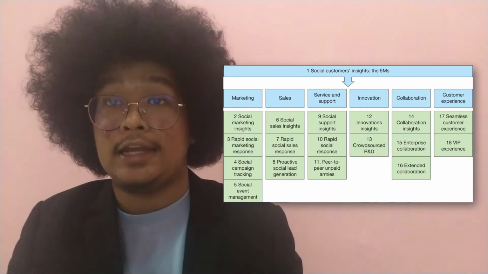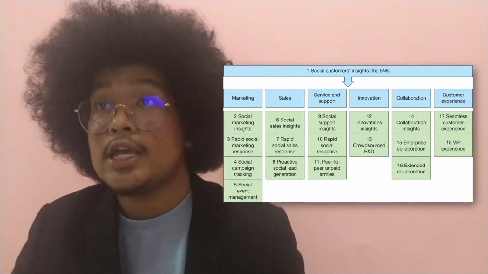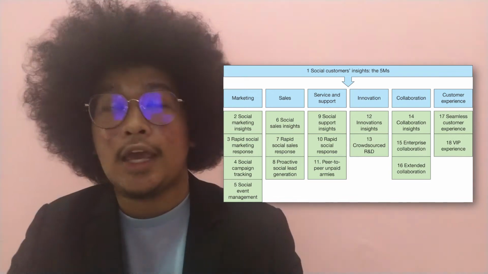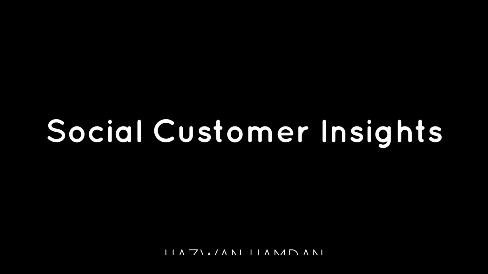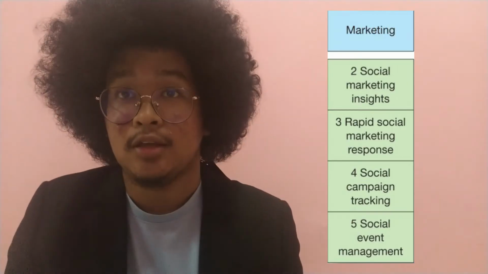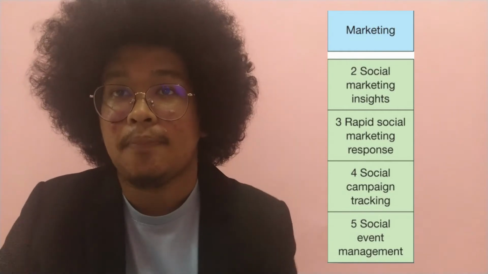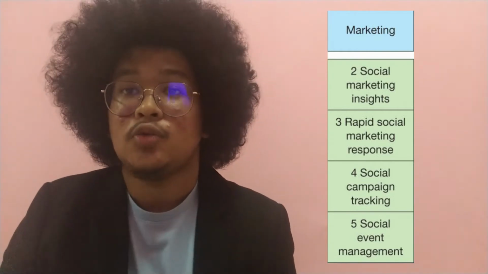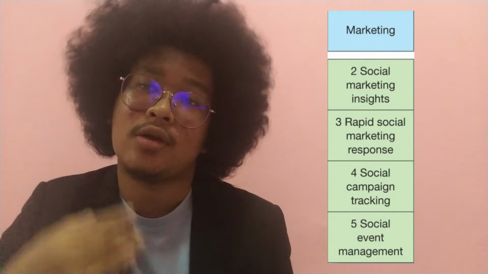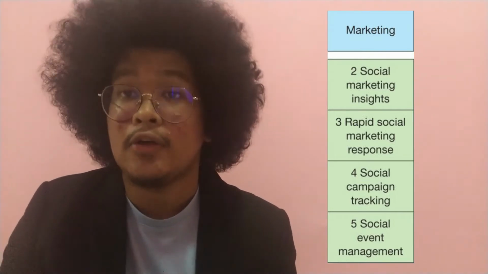There are 6 main insights that we can use, which are marketing, sales, service and support, innovation, collaboration, and also customer experience. We look at the aspect of marketing. So we can look at social marketing insights such as the rapid social marketing response, to see how well and how fast your company responds to an event or incidents that occur around your business.